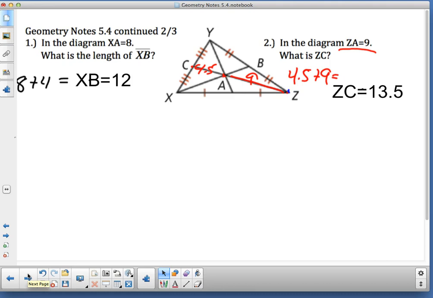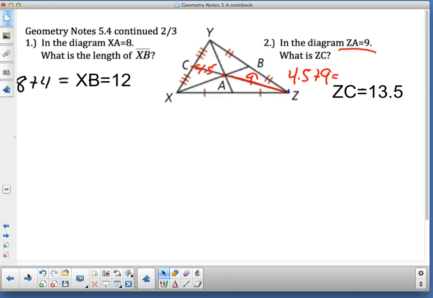Now, as promised, and I've been promising this most of the week, you're going to come across diagrams. I'm not going to say anything. You have to know how to identify perpendicular bisectors, angle bisectors, medians, and altitudes.